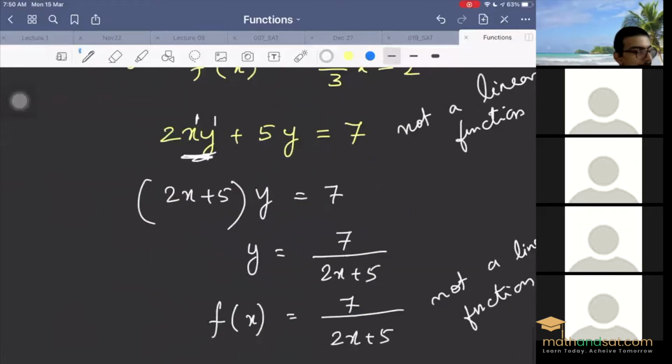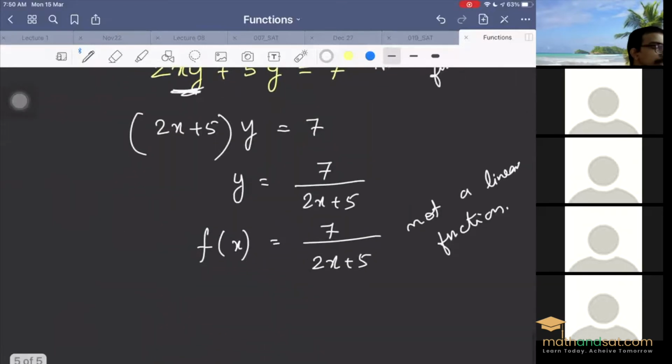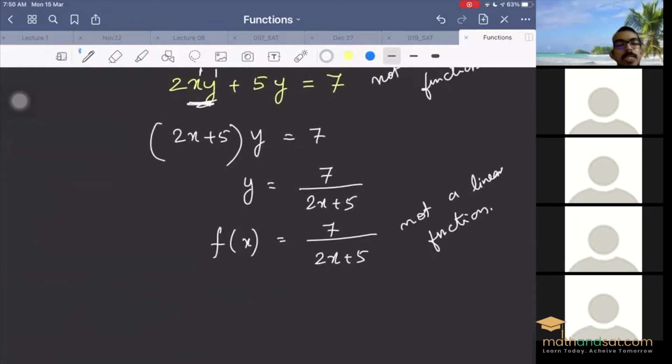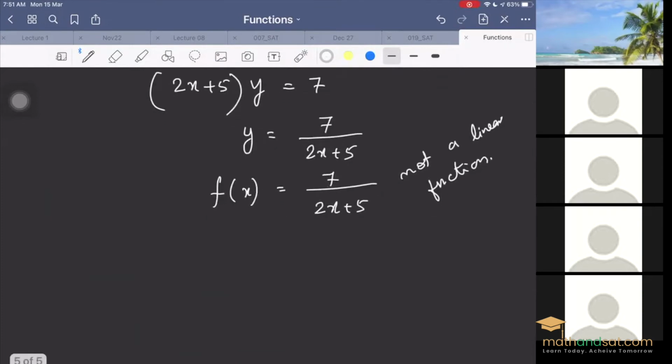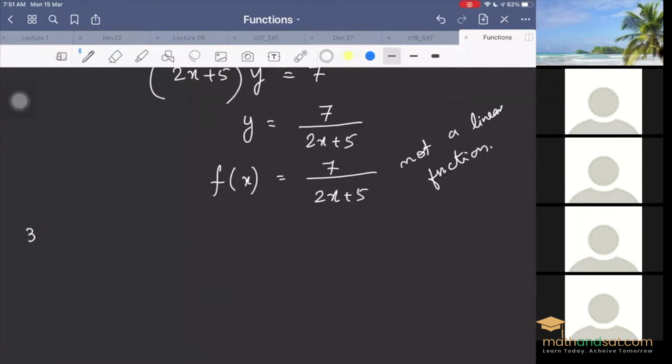And third way is if you have some ordered pairs given. Then how can you say that it is a linear function? Let's see that. So next method is by using ordered pairs.